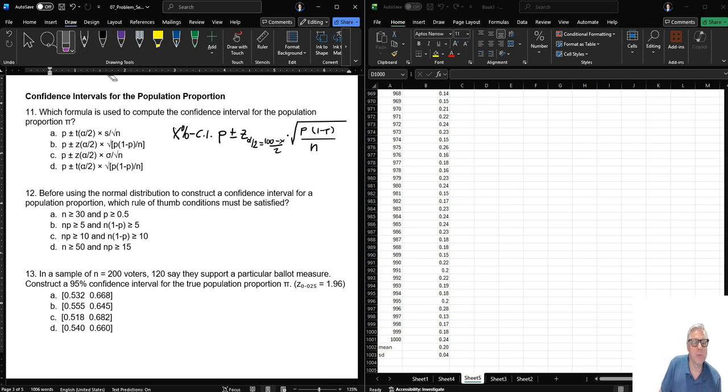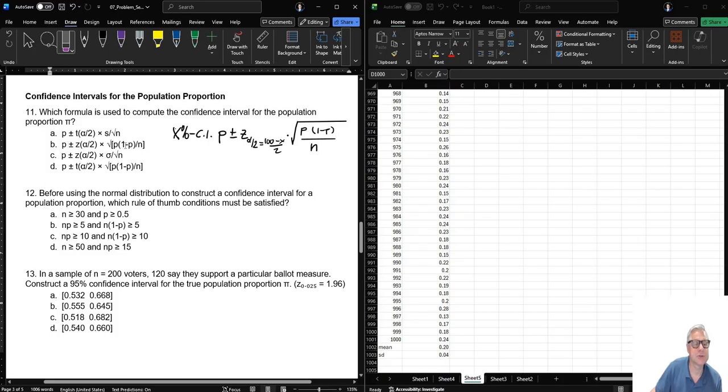Okay, so which formula is used to compute the confidence interval for the population proportion pi? It needs to be a z-score.